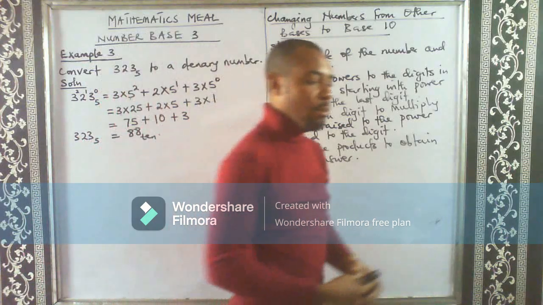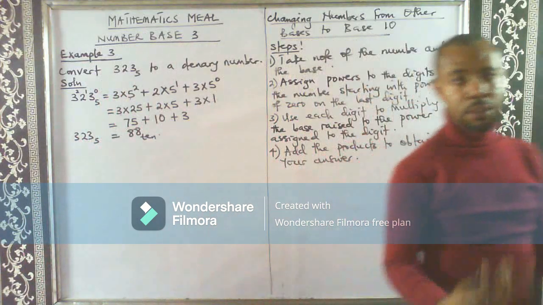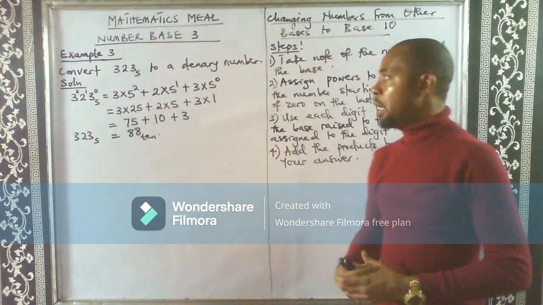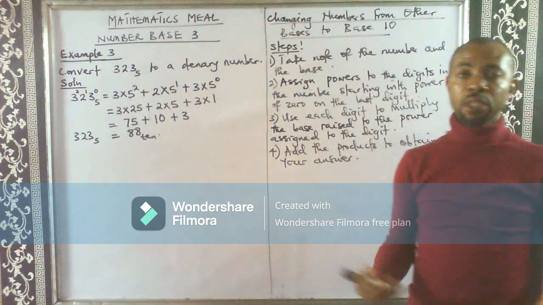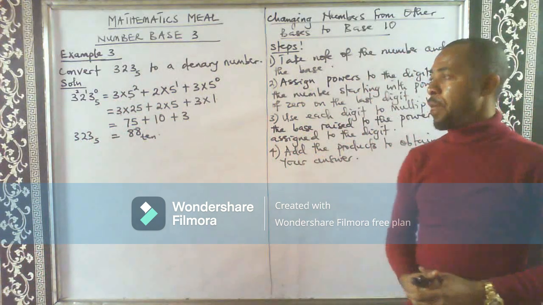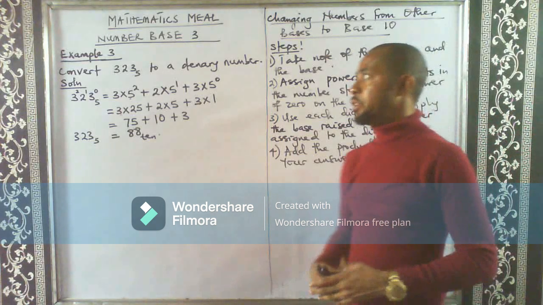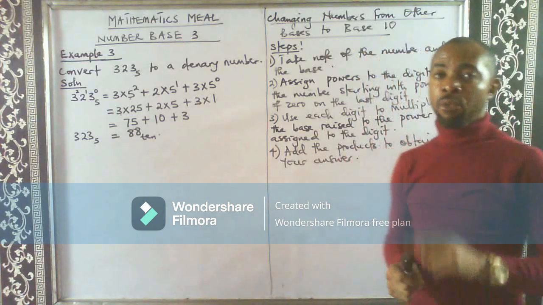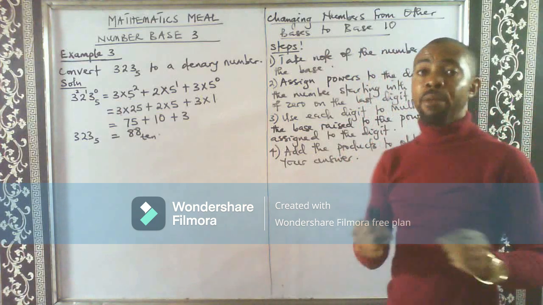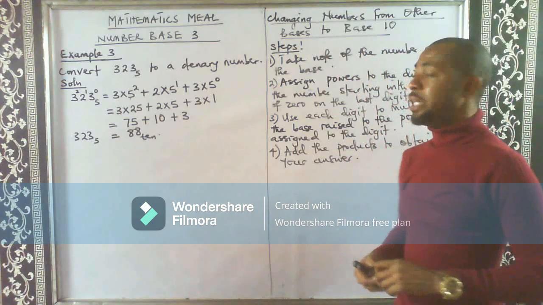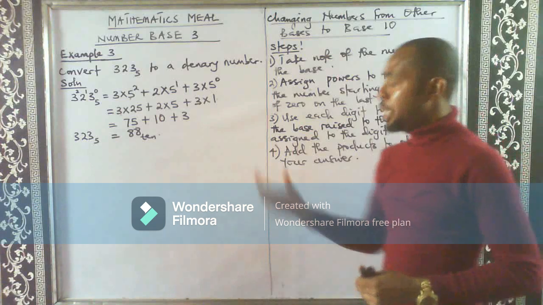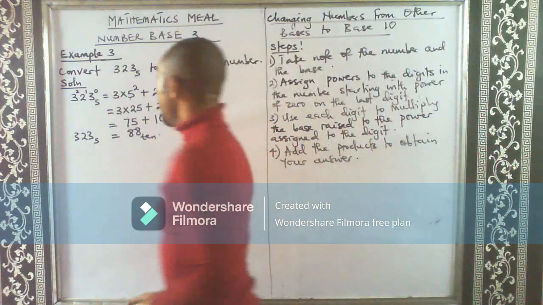But let's take one more question on this, before we actually give you some questions to take away. We may still extend it to 2 more examples, because we have to look at a case where we may have a decimal point in the number. So let's take another example on this.